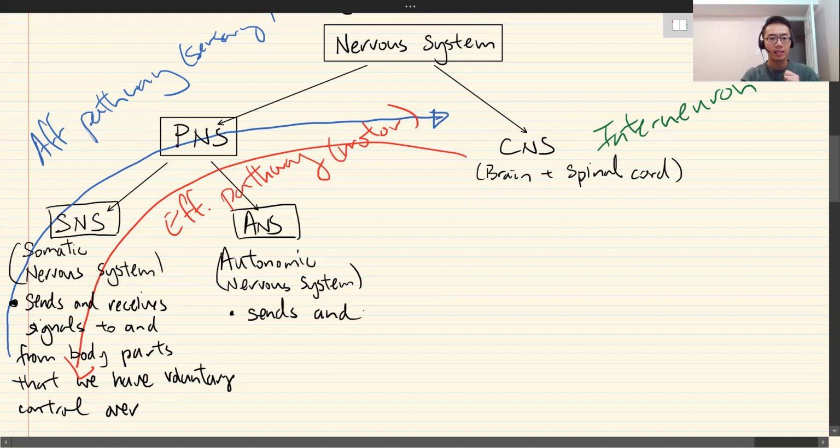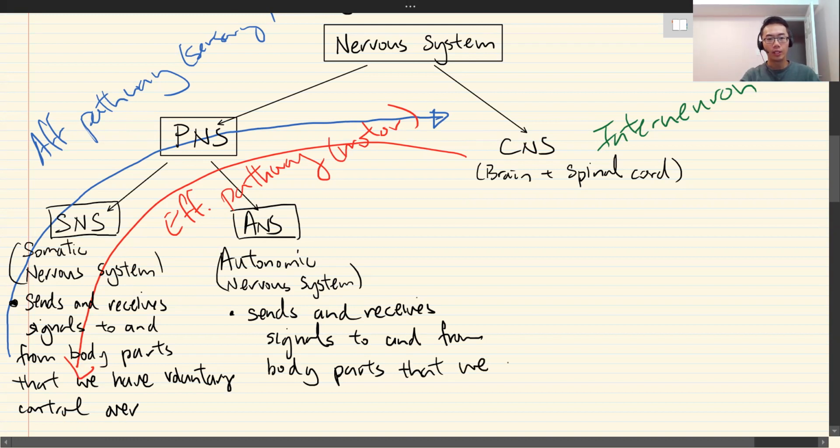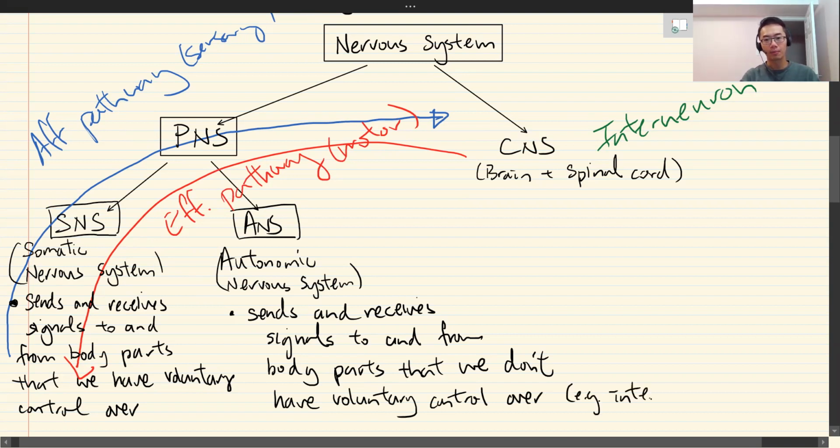It sends and receives signals to and from body parts that we don't have voluntary control over. So, e.g., internal organs.